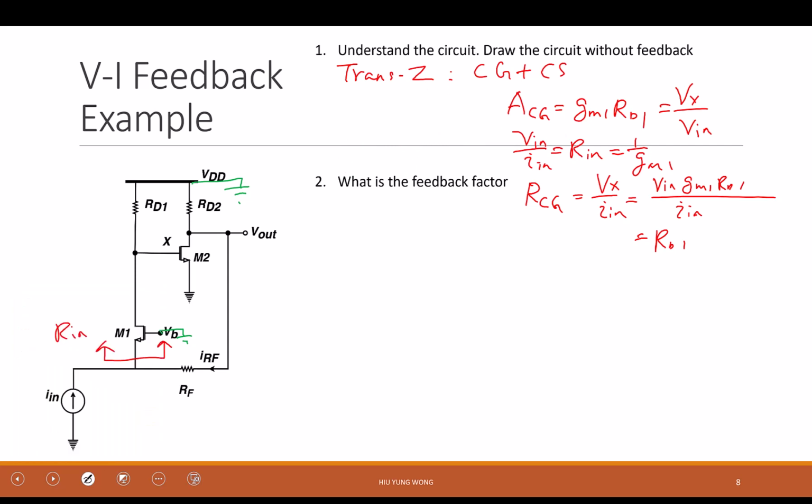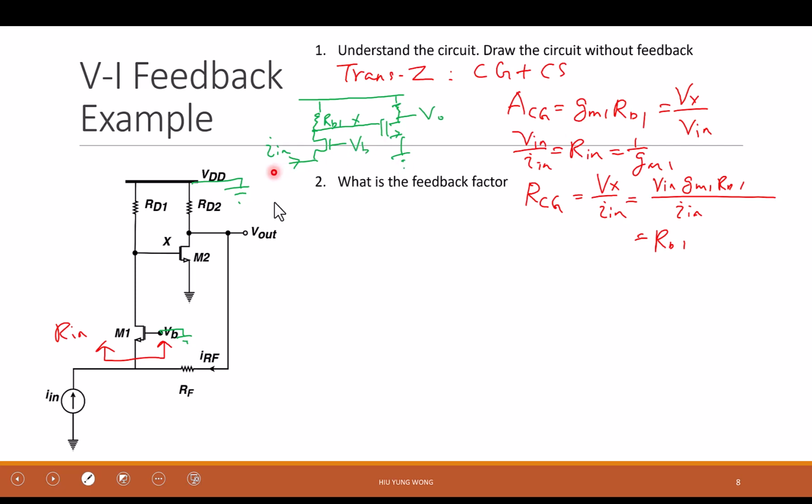So we have VDD, RD1. This is I in, VB, and this is Vx. And then we come to this transistor. This is V out, right? This is without the feedback.